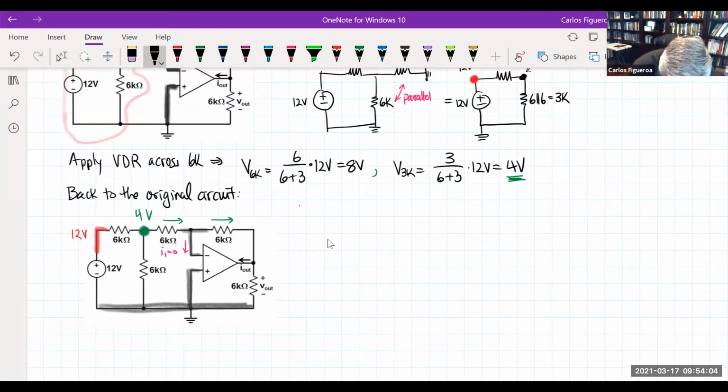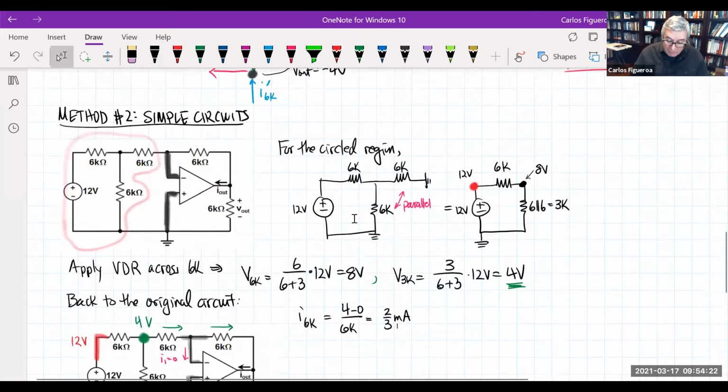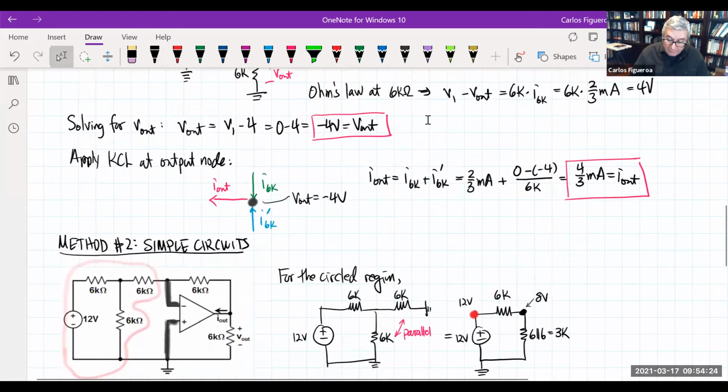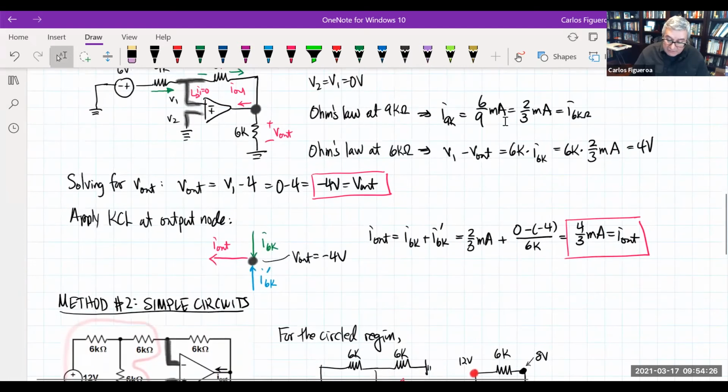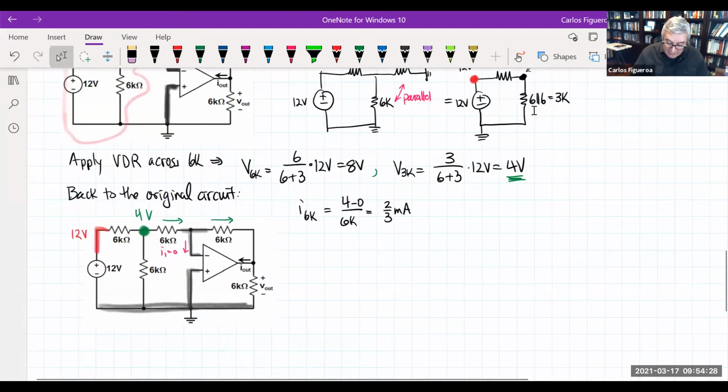So then the current across the 6K, the one 6K that we're focusing on, you could see here that that's got to be 4 minus 0 divided by 6K, which is then going to give me 2/3 milliamp, which is exactly what we got up here. Right? Didn't we get 2/3? We got 2/3 here. So now that we have 2/3, then you could see here that I just have the same game that we did before.